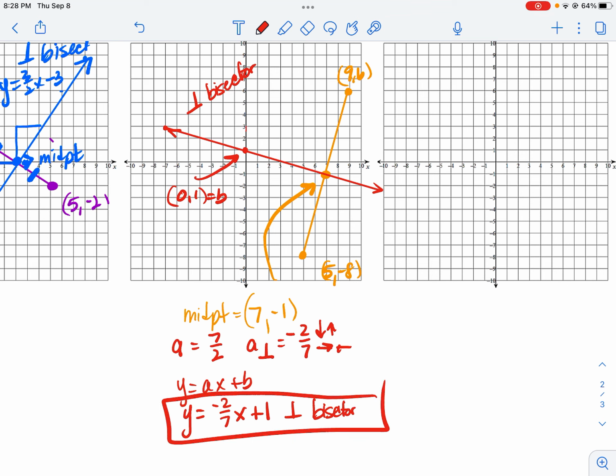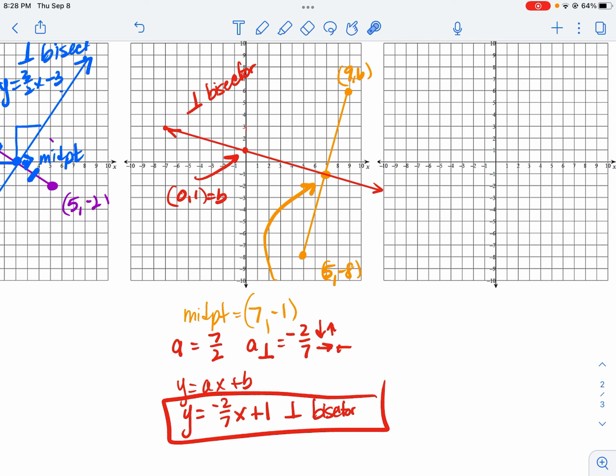Now, we didn't use the other formula the same way that we did on the first one, and I'm going to use the formula again for number 3. But I want you to see that just by using a little bit of logic, we found the midpoint by figuring out halfway between those coordinates, like we did in the midpoint section. Slope, we counted up and over. And then we could find the perpendicular slope.